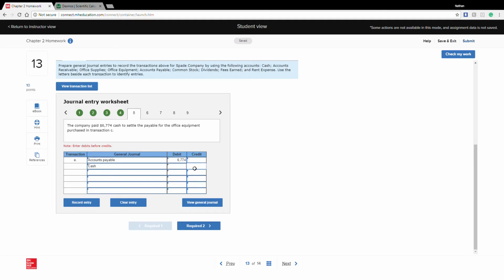And put in 6774. Because basically right here with number 3, notice that we put what we were supposed to pay for office equipment into accounts payable because we owe them. We just paid our bill. That's basically all that's going on. We paid our bill, and when everything's done and said.